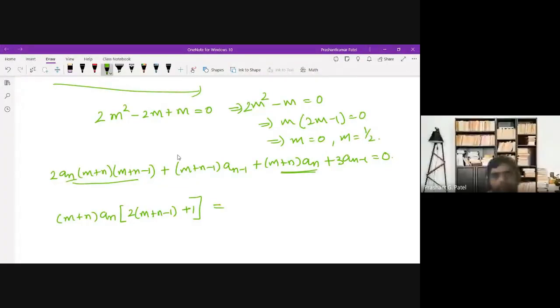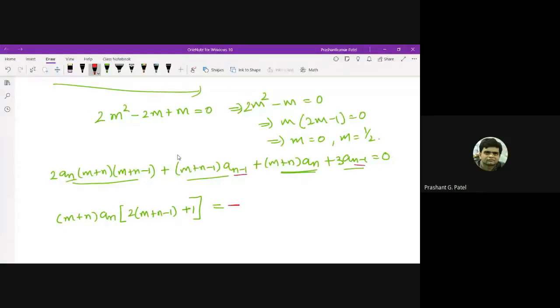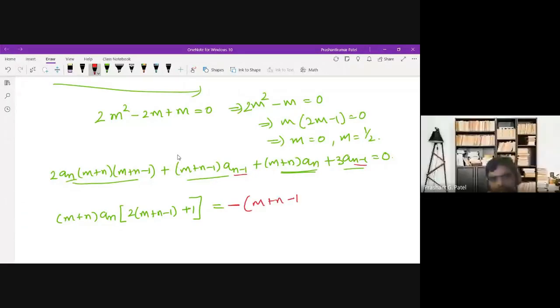And taking these two quantities on the other side, it is minus, and a n minus 1 is common from that. So it is m plus n minus 1 plus 3, a n minus 1.